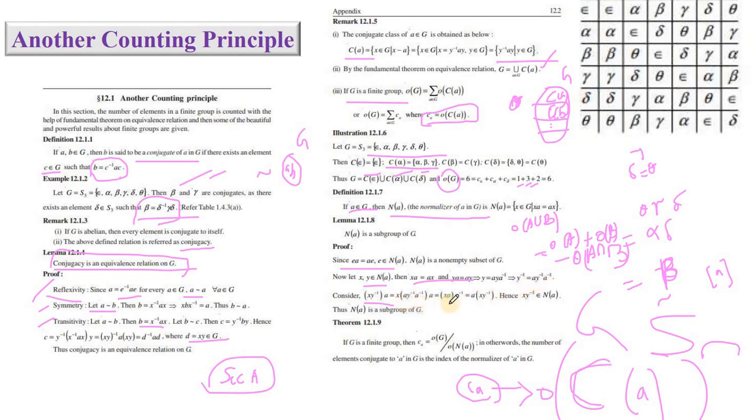So you have this, and simplifying this you get this. Associativity is used, and here x a is nothing but a x, and then again associativity is used. So you get this A into x y inverse. So x y inverse A is the same as A x y inverse, and therefore x y inverse belongs to N of A, showing that your N of A is a subgroup.